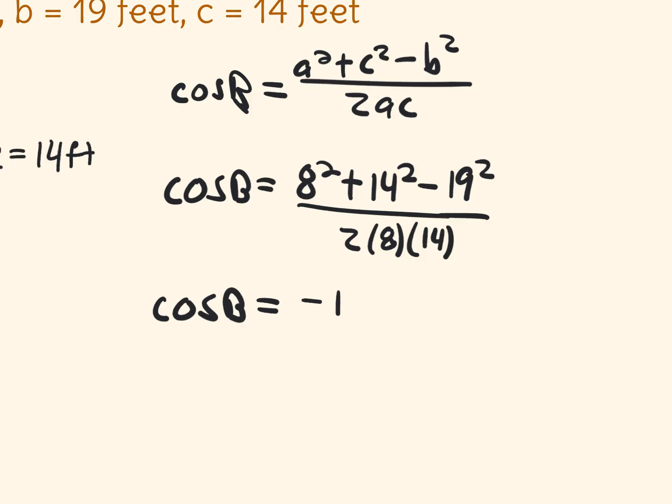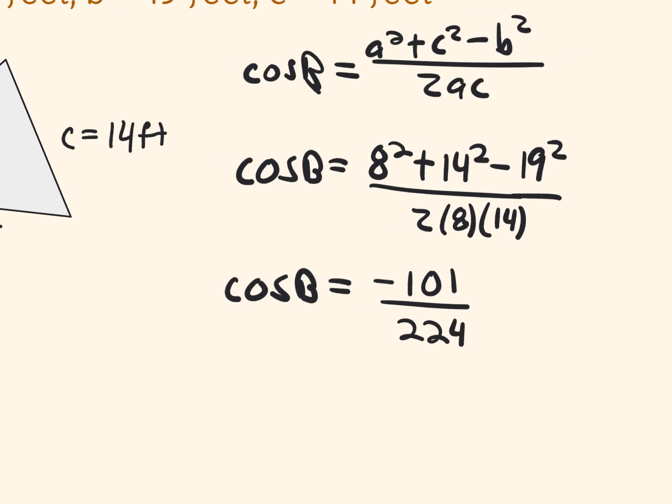Okay, so negative 101. Over, what does the bottom get you? 2 times 8 times 14. Good, 224. Good, so we have cosine of B equals negative 101 over 224.